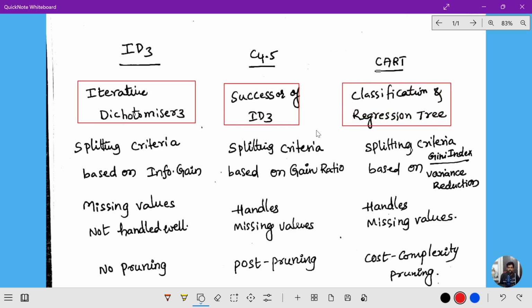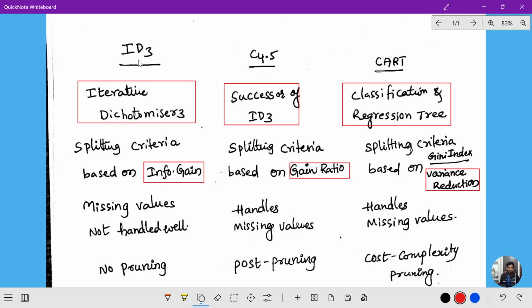Classification and regression tree. In ID3 the splitting criterion is based on information gain, as we already discussed. In C4.5 the splitting is based on gain ratio, but in CART it is based on variance reduction.